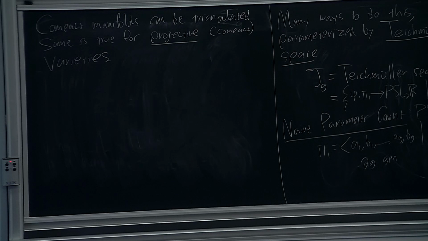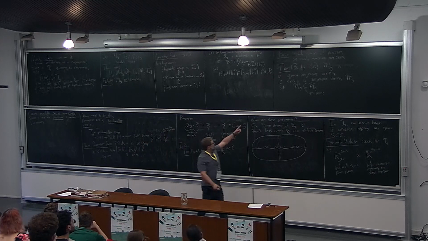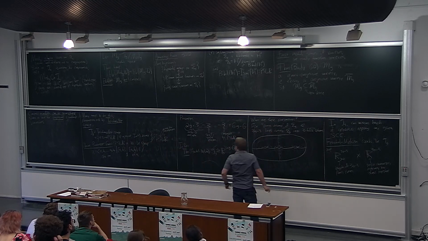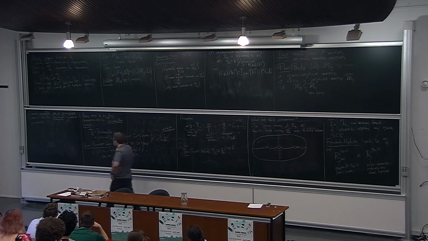They're not that hard to prove for projective varieties over the complex numbers. I don't even know what other fields; that's the only field I know. So any projective variety also has a finitely presented fundamental group and finitely generated homology groups. Unfortunately, M_g is not projective, so that doesn't give us something.